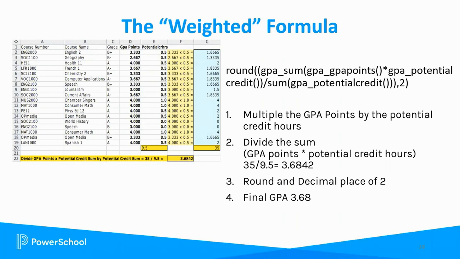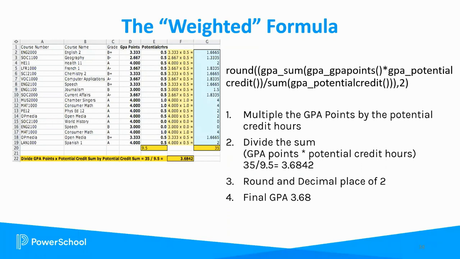And on down the line, if you take a look here at chamber singers and consumer math, you see these have 1 potential credit. So therefore, getting a 4 in consumer math is worth double getting an A in open media or in Spanish 1.